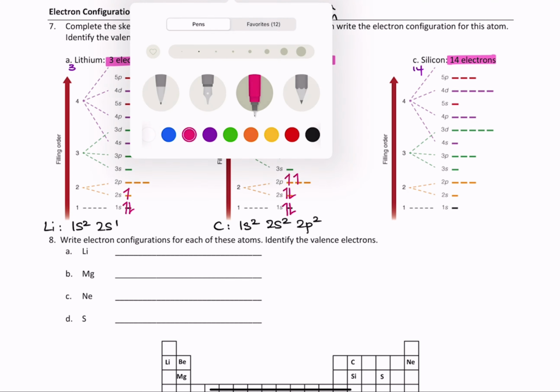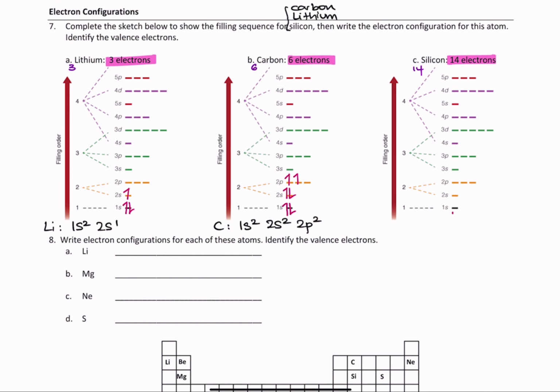Let's do silicon following the same filling up rule. 1, 2, 3, 4, 5, 6, 7. I spread them out first. 9, 10, 11, 12, 13, 14.